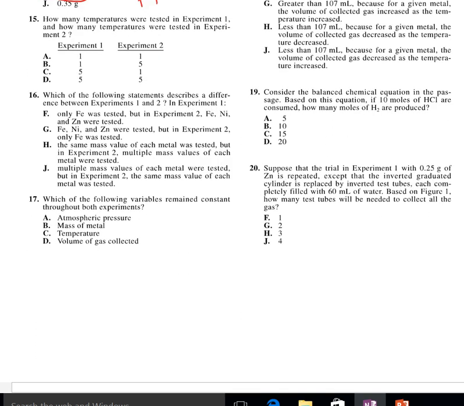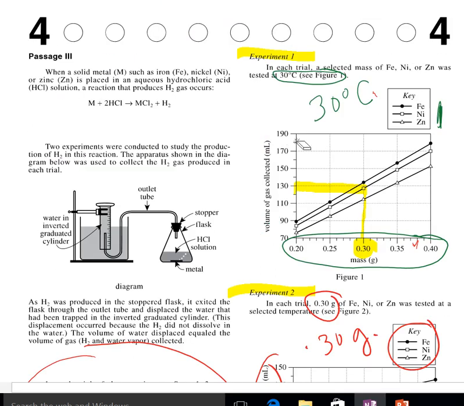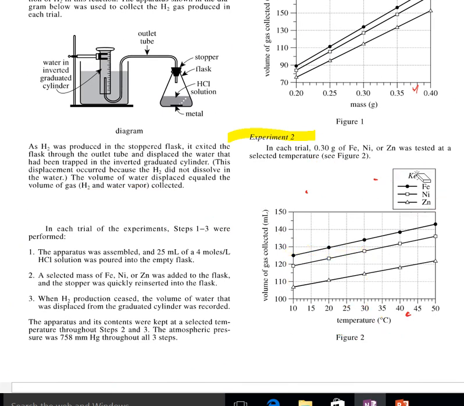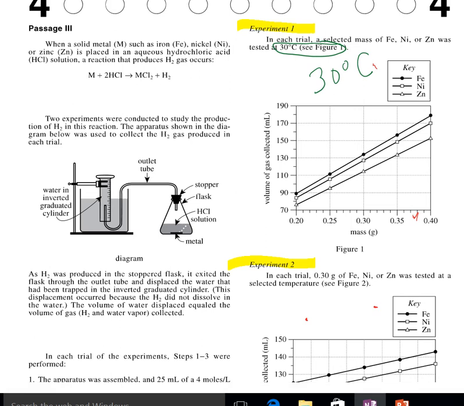All right, number 15. How many temperatures were tested in experiment 1? So we're looking at temperatures. How many were tested in experiment 1, and how many temperatures were tested in experiment 2? When you look at experiment number 1, we know that only one temperature was tested.